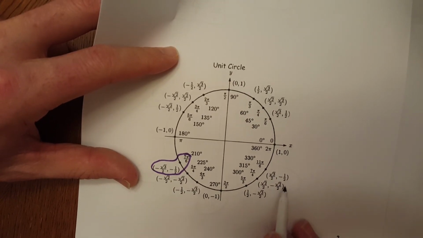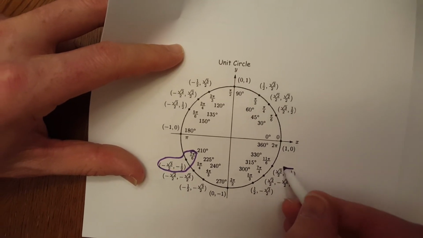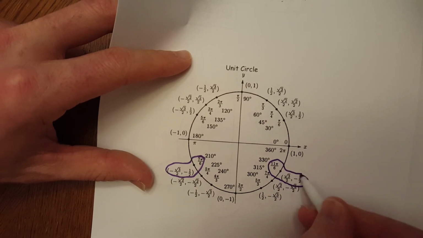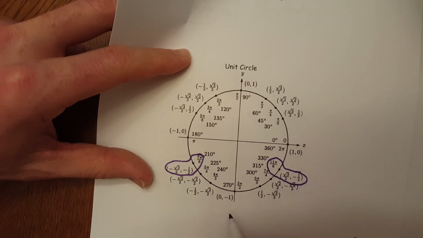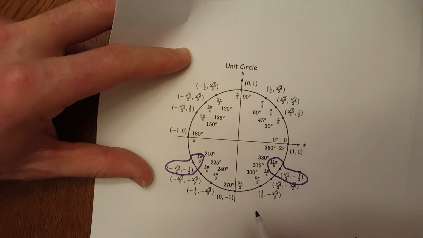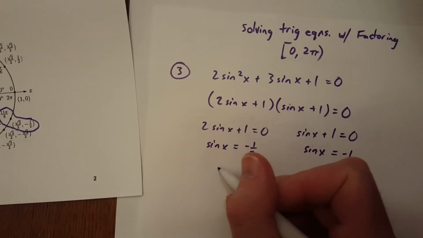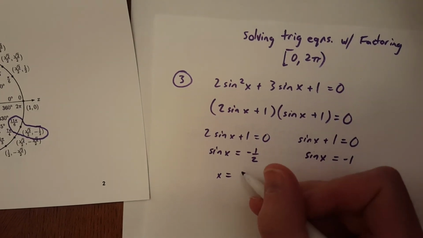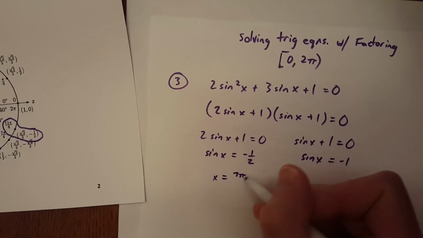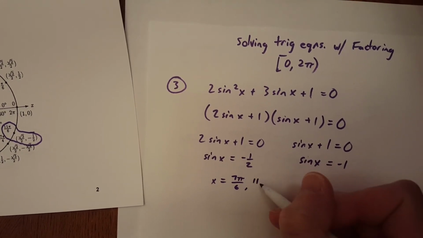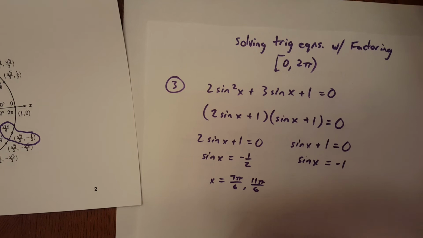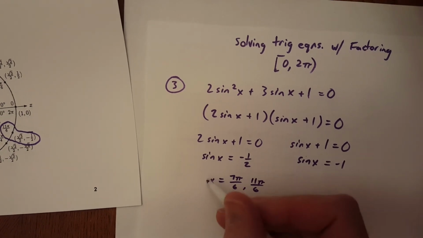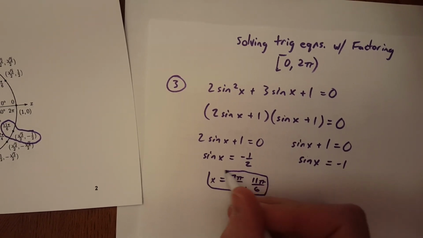And then we go over here, there's one other one that has y value of negative 1/2, and so 11 pi over 6 is going to be our second solution for this one. So that means that for this first mini equation, it's going to be 7 pi over 6 and 11 pi over 6.